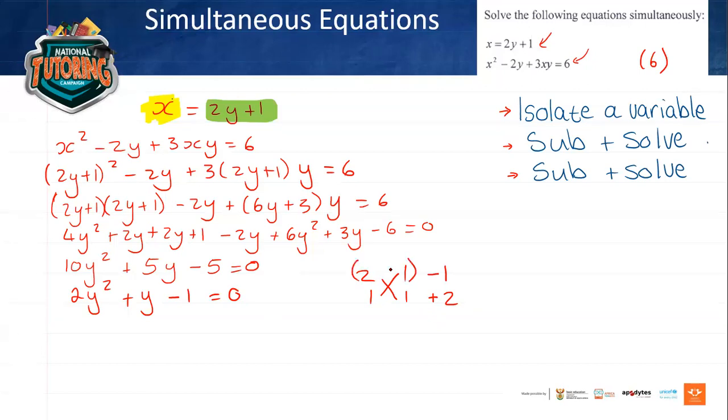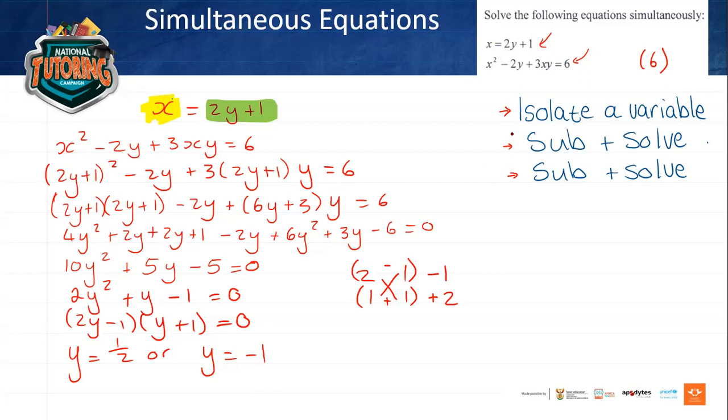So my two brackets are going to be 2y minus 1 and 1y plus 1 equals 0. So my solutions for y are a half or negative 1. So that is my second step that I've done now. I've subbed and I've solved for y.